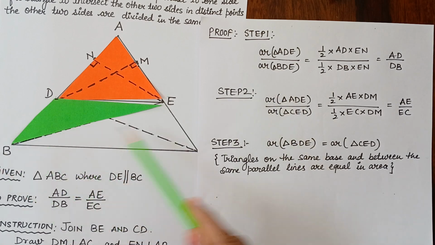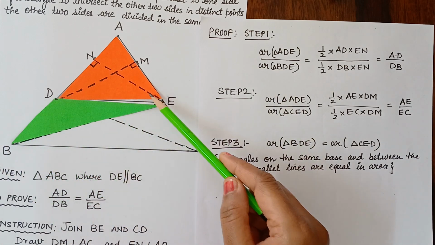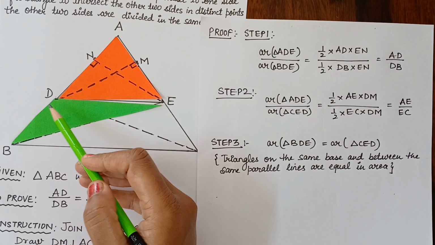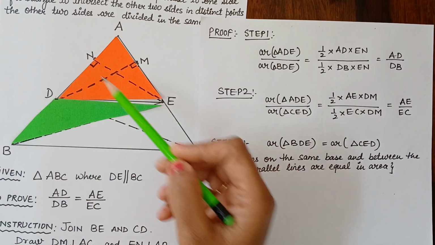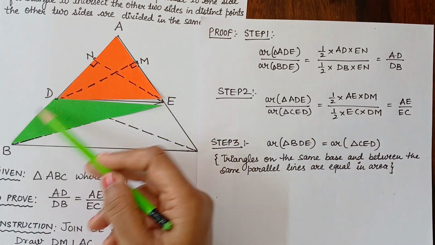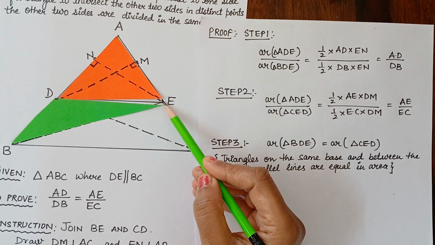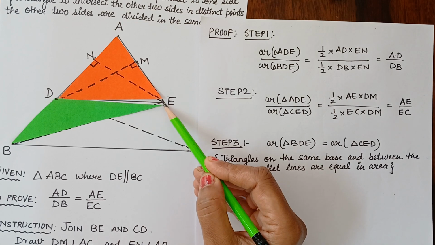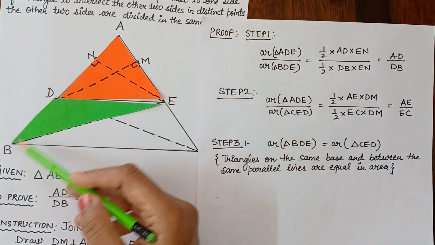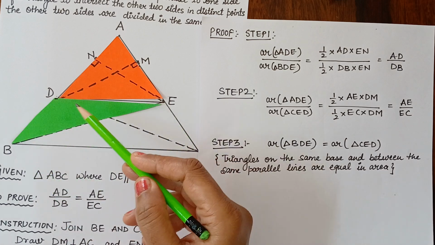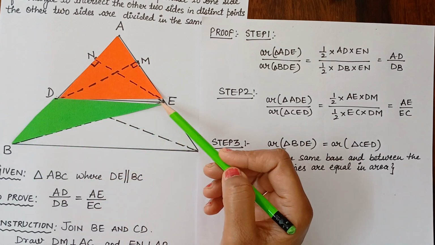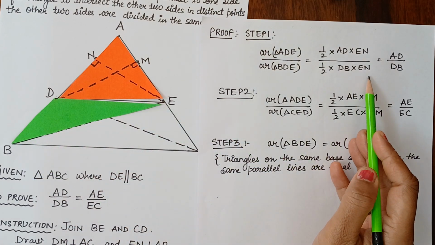Then for BDE, base is BD and perpendicular is again EN, because if base is BD, the opposite vertex is E only, and from E perpendicular is EN.